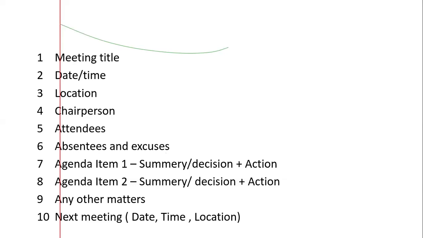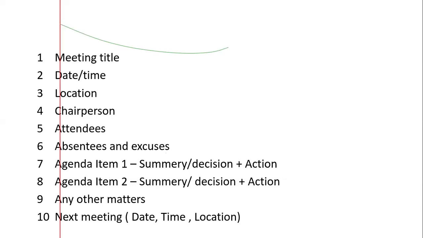So then the seventh one is agenda item number 1. So you have to write the summary of the background, then the decision taken, what are the actions to be taken. Agenda item number 2, write a small summary, the decisions taken and actions to be taken. Likewise, you go on through all agenda items 1, 2, 3, 4, 5, 6. So how many agenda items? If you have talked about 5 agenda items, you write all these 5 agenda items in the meeting minutes.